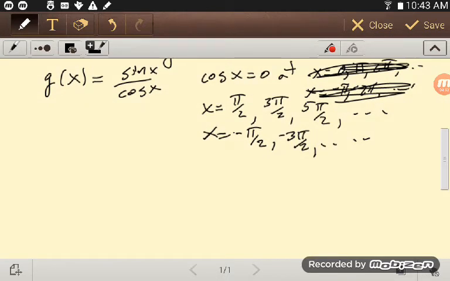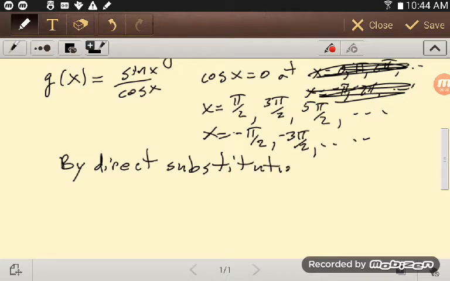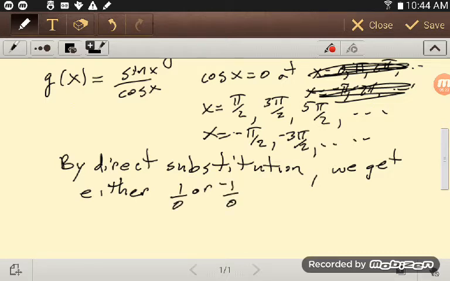So, by direct substitution, we get either 1 or negative 1 over 0. And so we're going to have vertical asymptotes at all those values of x.